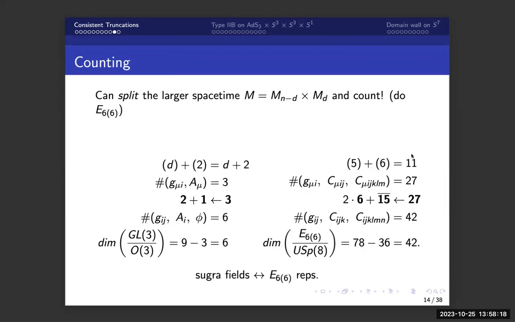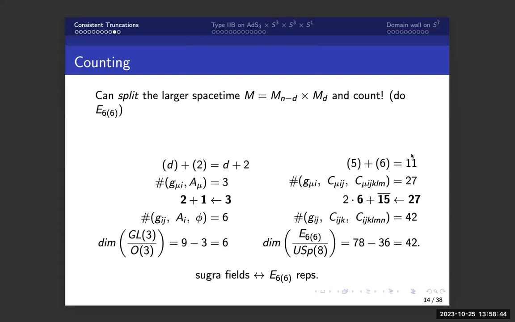To see how this EDD appears, it kind of appears quite magically. The simplest way is to do a counting argument. Again, here there's the 2-sphere and the 3-sphere, what happens in that toy example. And here I have 11-dimensional supergravity in a 5+6 split, so I expect to see the group E66 coming out naturally.